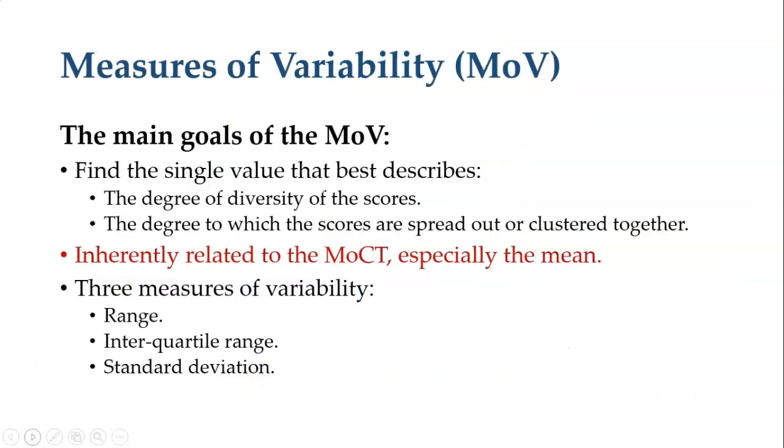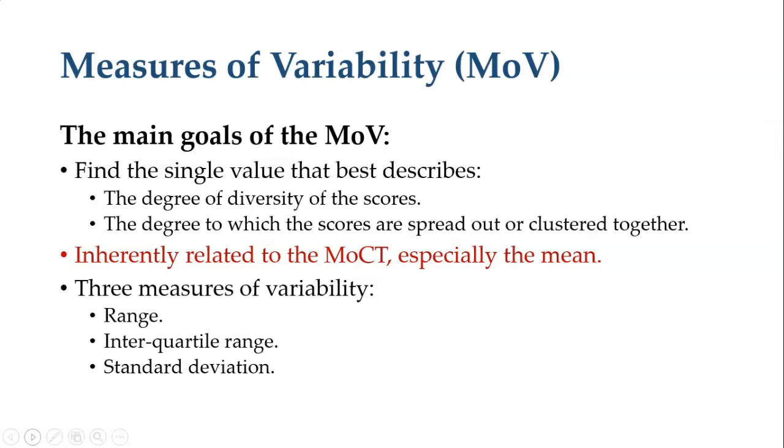Okay, so those are the measures of central tendency. They tell us basically where is the center of the distribution, where is the peak, or what are the most common values in the distribution. But now we need a measurement of the degree to which the scores in the distribution vary between each other, and also the degree to which the scores are clustered together or spread out.